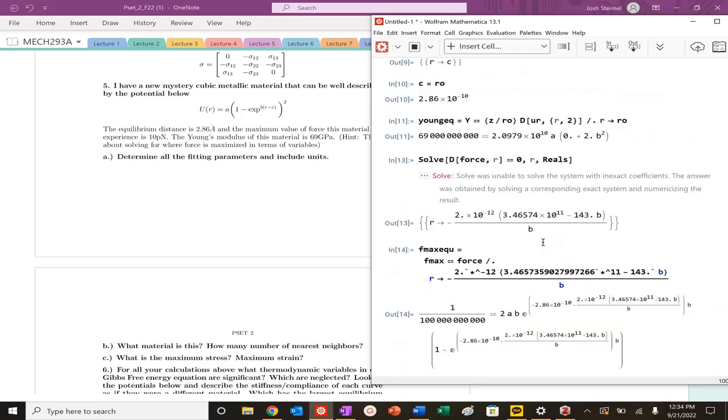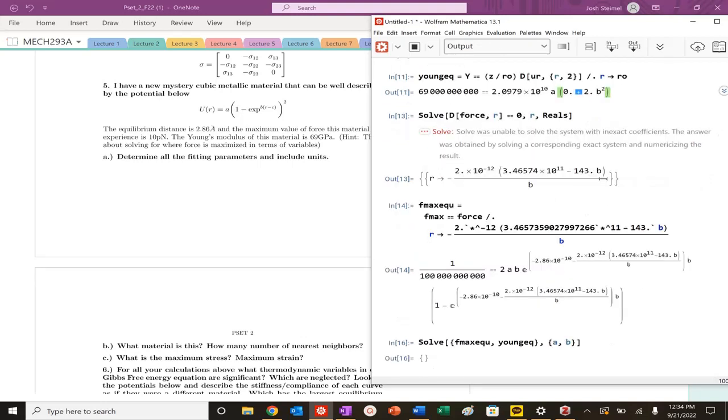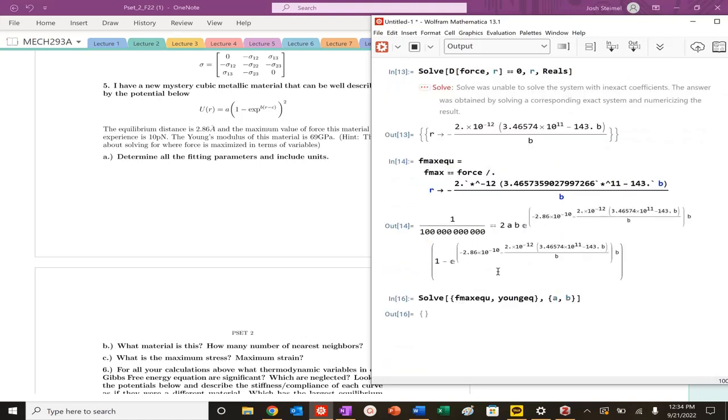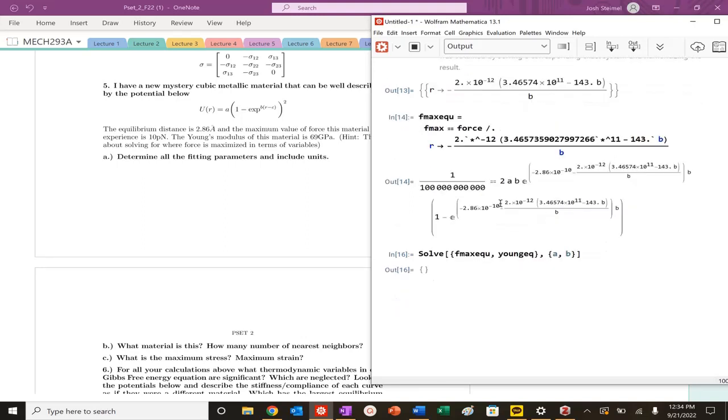Why is that? Do you see anything wrong in here? F max equation, F max, we have a value here. We're plugging in R in terms of these other variables. Why are we not allowed to solve this one? Does anyone see what's happening here?